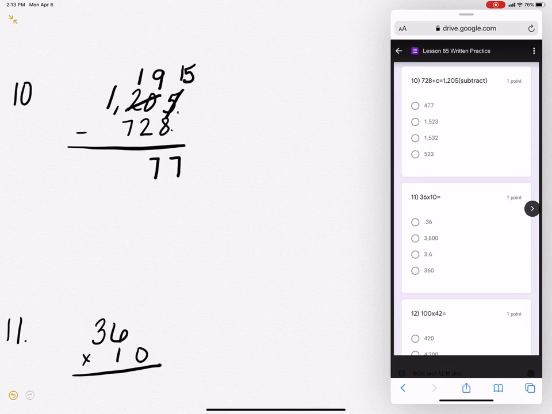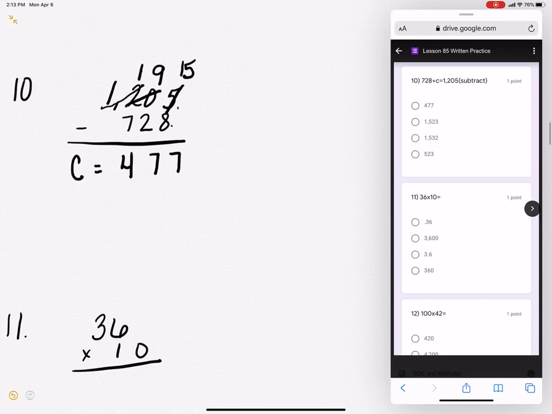Here, I cannot take 7 from 1, but if I look at this, this is just the 2-digit number 11. It doesn't do me much good to borrow, so I'm just going to say 11 minus 7 is, I think, that's 4. 477. C is equal to 477.